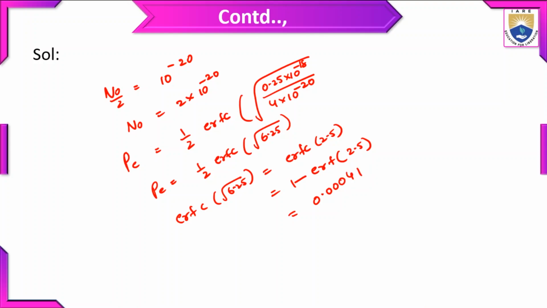This one. Now the probability of error is equal to 1 by 2 into this 0.0041. So finally you get 2.05 into 10 power minus 4. This is the probability of error.